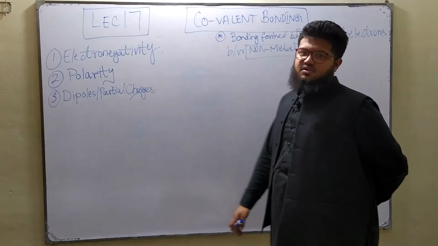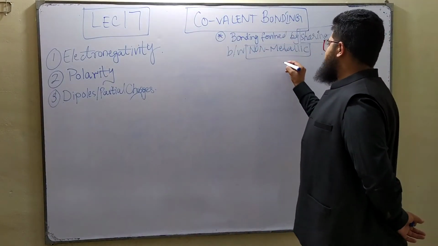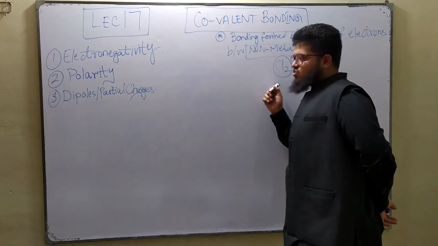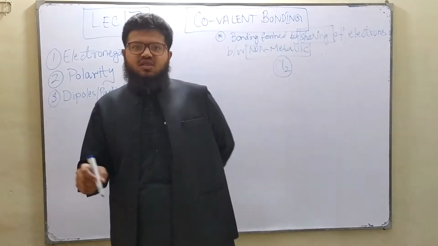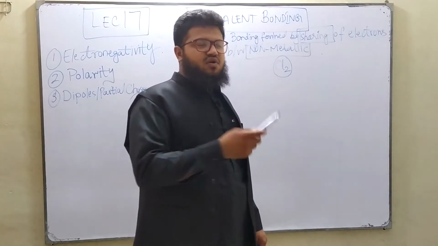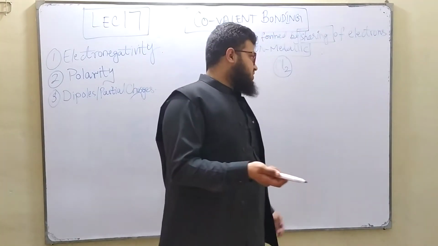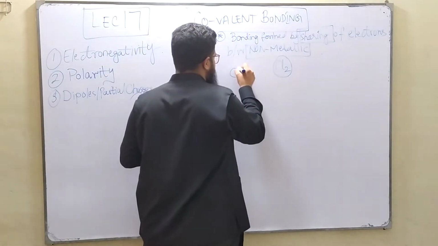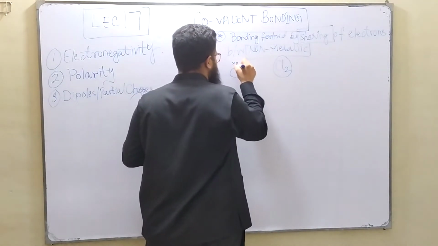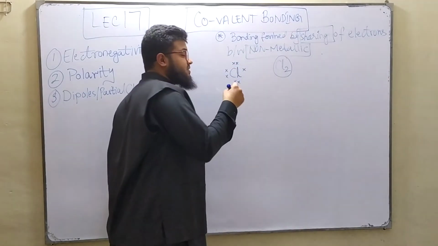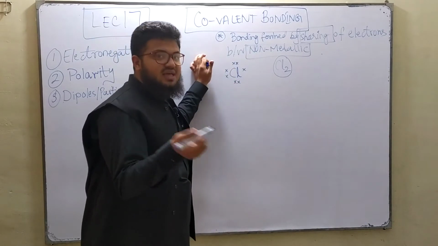Now for example, if you have to form a covalent bond, and this is for example your molecule chlorine Cl2. So chlorine is in group 7, and how are we gonna form this molecule? If it exists in the form of an atom Cl, then its outermost shell would have how many electrons? Since it's in group 7 or group 17, it has only 7 electrons.